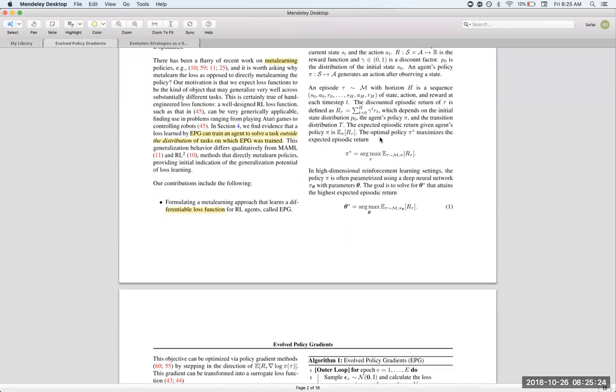So the optimal policy is what you're looking for. This is what you're trying to solve for. Pi star is the solution. It maximizes the expected episodic return. So it maximizes the chances of you winning the game, in other words.